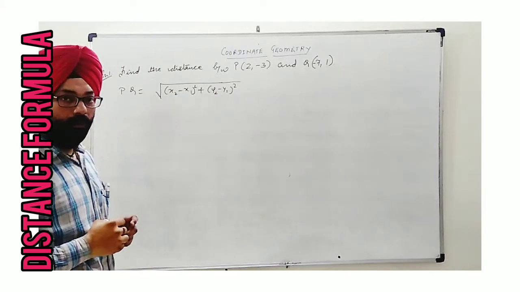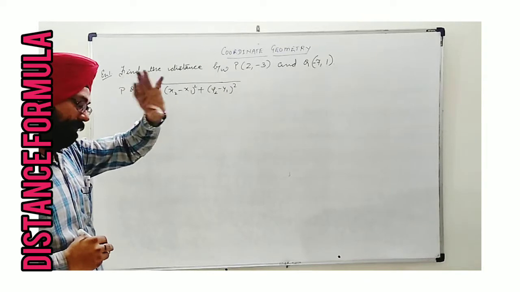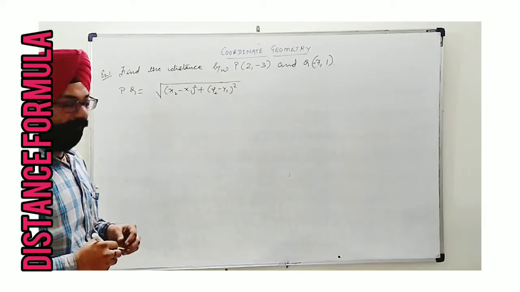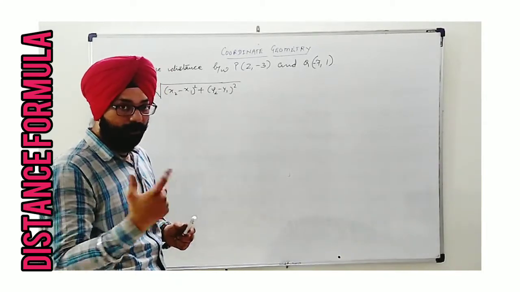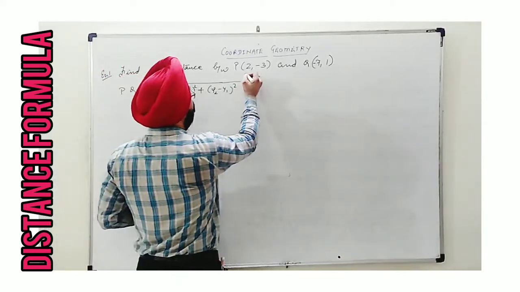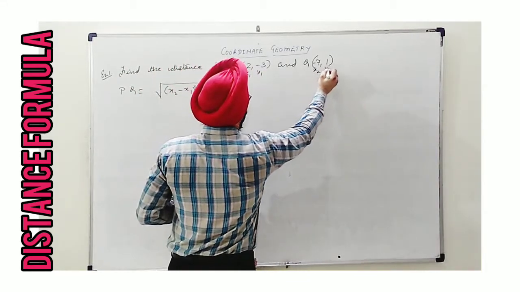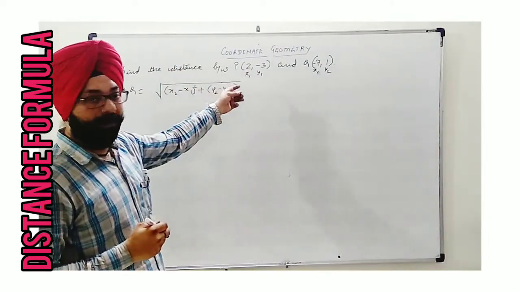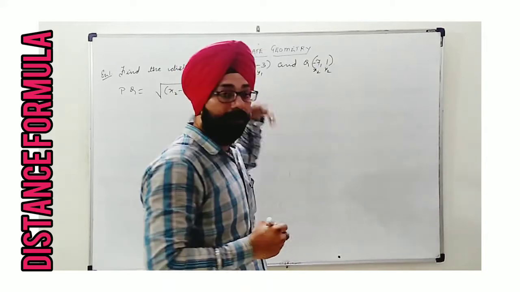This is a simple thing, but still a few students may get confused. Now let me tell you, before you start any theory in coordinate geometry, you should fix one point as x1, y1 and the other point as x2, y2. It's not a must that P only will be x1, y1. You can take the symbol for Q also as x1, y1, then P will become x2, y2.